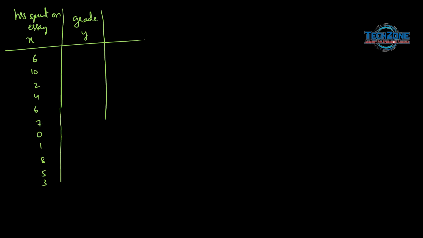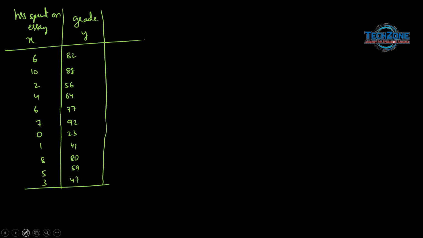These are the hours spent by different students on an essay, and they got values like this: 82, 88, 56, 64, 77, 92, 23, 41, 80, 59 and 47. So if someone is spending 6 hours, how many marks are they getting? 82. 10 hours, 88, and so on.